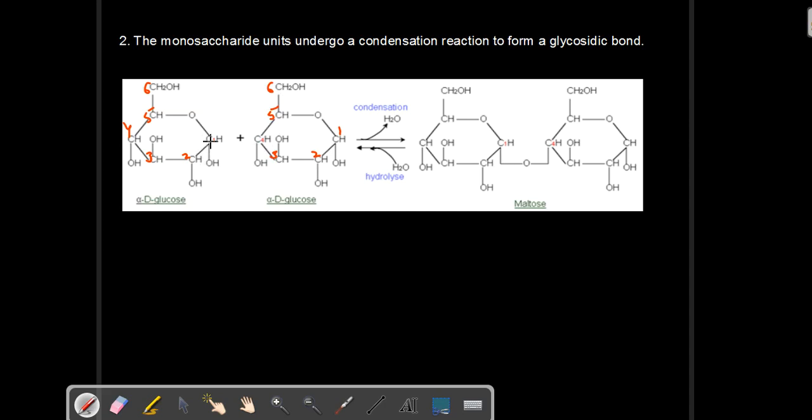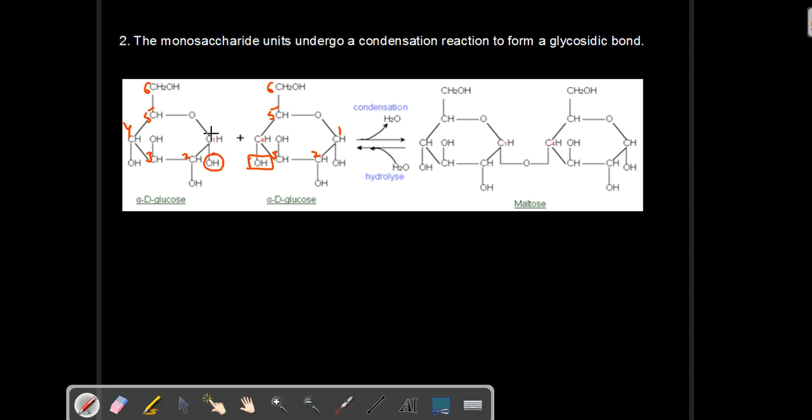Now, for the bond to be formed between these 2 glucose molecules, the hydroxyl group, now remember the position of the hydroxyl group. The hydroxyl group attached to carbon position number 1 is to the bottom, not to the top. In some cases, OH can be on the top, and at the bottom you can have an H. But in this particular case here, what we have is an OH group down and one H to the top.